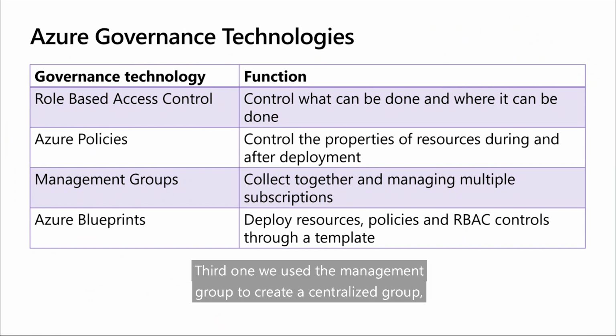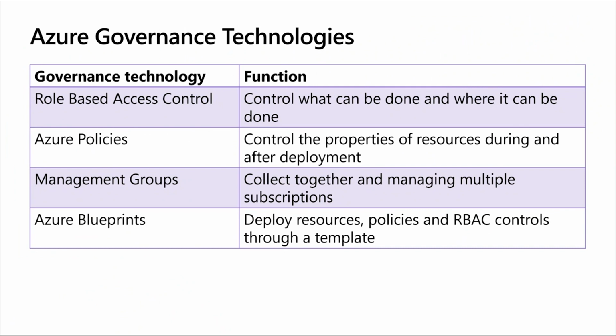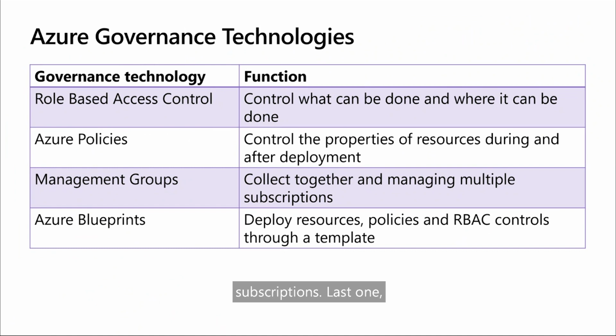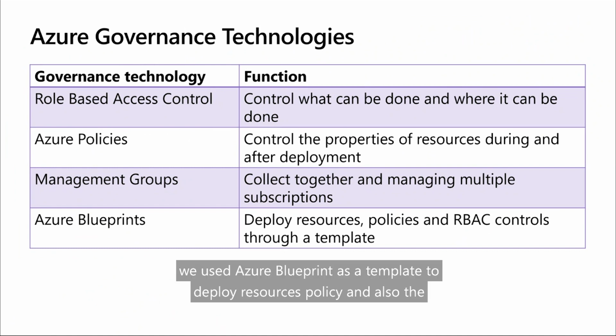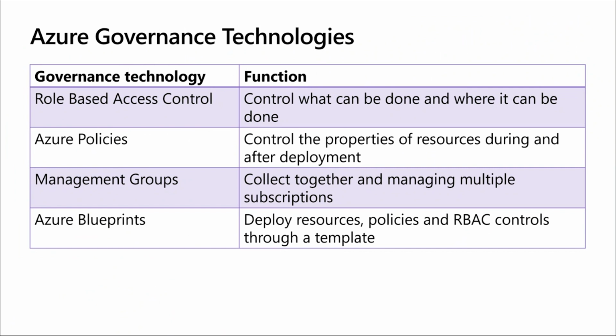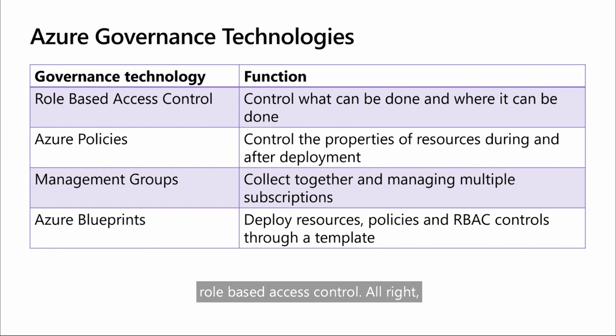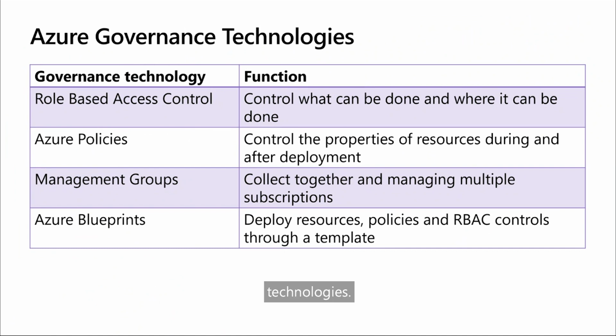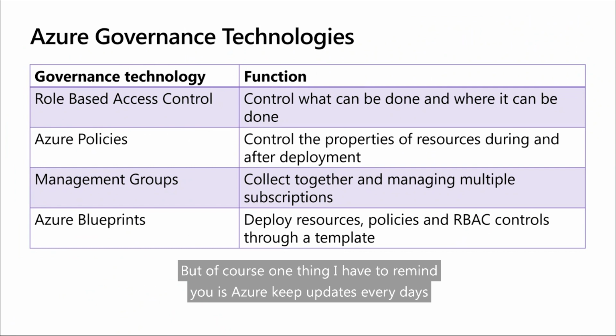Third one, we use the management group to create a centralized group across multiple subscriptions to collect together and manage multiple subscriptions. Last one, we use the Azure Blueprint as a template to deploy resources, policy, and also the role-based access control. All right, so that's all I wanted to share today about Azure governance technologies.